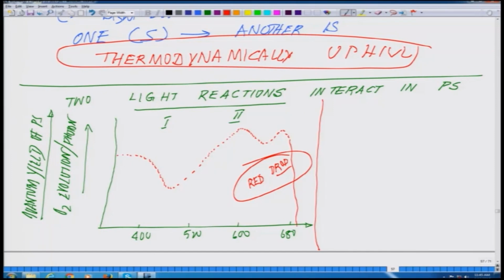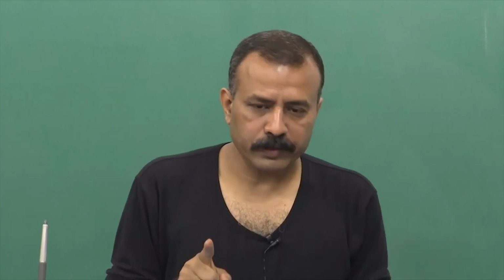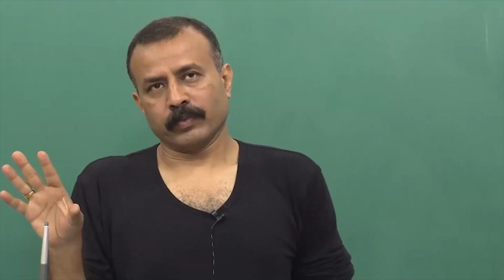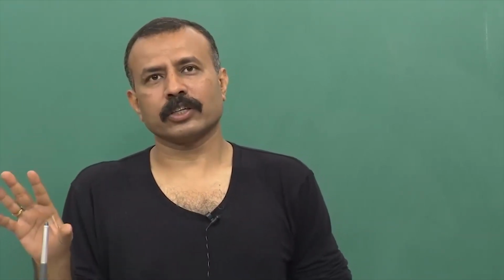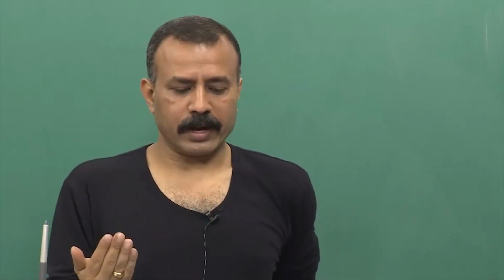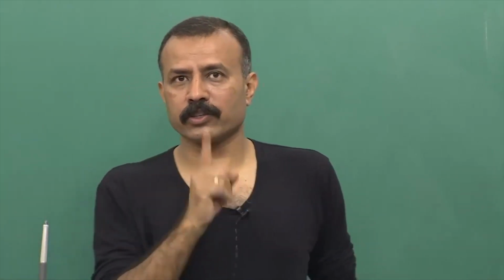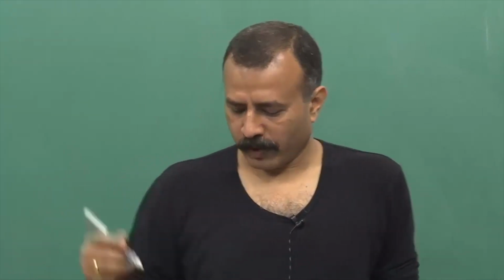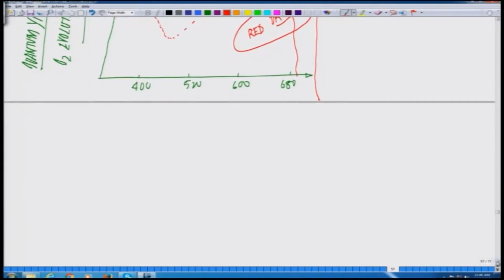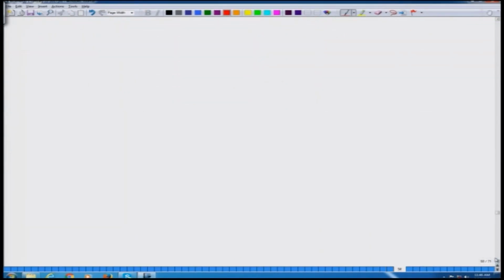And interestingly, the one which is driven by light of longer wavelength is the one involved in driving the dark reaction, which is photosystem 1. So, in the next slide, why you see this red drop will be very clear to you.